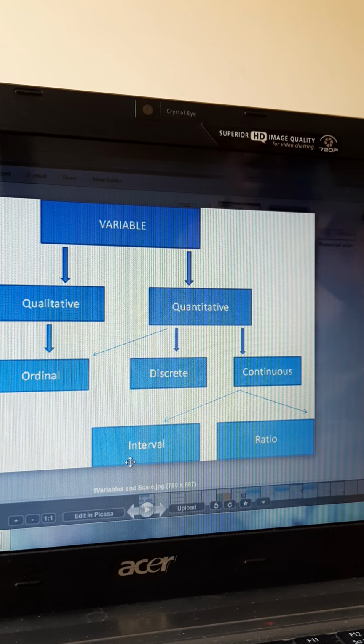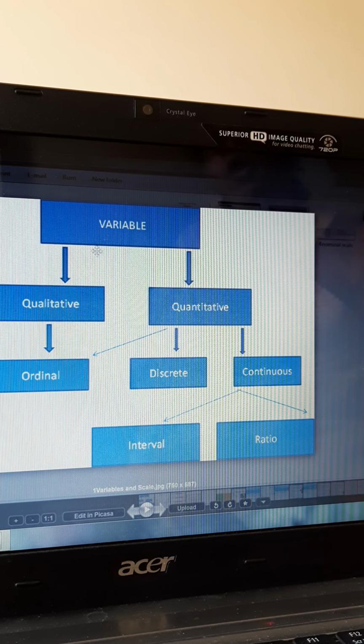variable. Variable is every question in your questionnaire. Clear? Please understand this very clearly. You are constructing a questionnaire. Every question in your questionnaire is one variable.